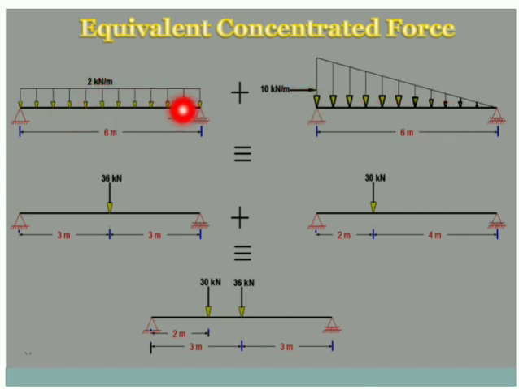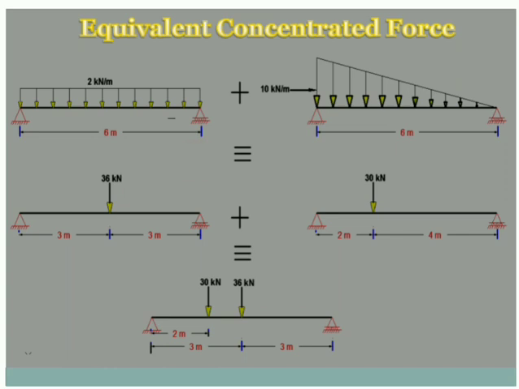Now for this we have studied how we take the intensity into span, that is 2 into 6, which is 12, 12 multiplied by 3. We get the answer as 36. Where will it act?